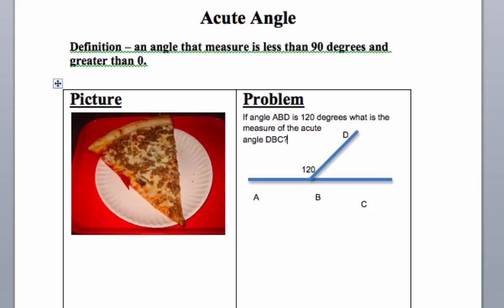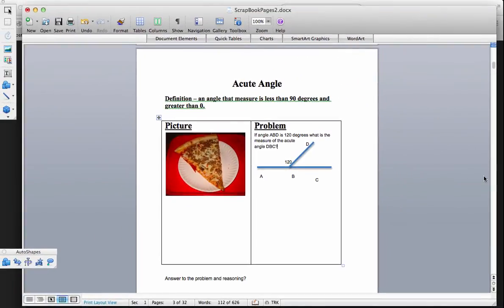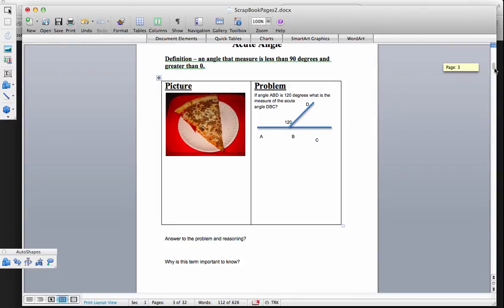Alright, at that point I have a question that I have made up. I'm going to provide the answer to that question and also the reasoning for that. So the answer to the question would be 60 degrees.